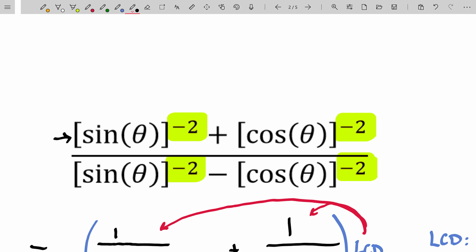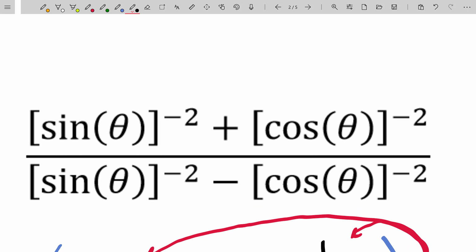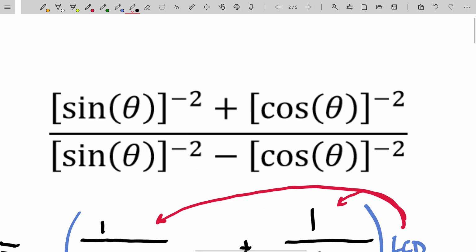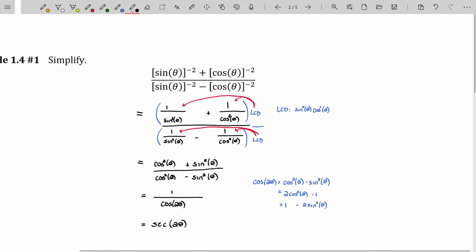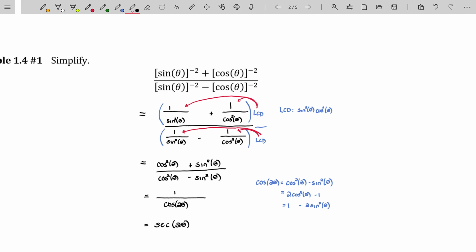A little heads up though, you do have to kind of be careful when you do this because sometimes the original expression will contain domain issues that your final expression does not exhibit. In this case, actually, both the original expression and the final expression have the same domain issues, so you don't really have to worry about that. But I'm just letting you know, you do have to watch out for those as you move towards calculus.